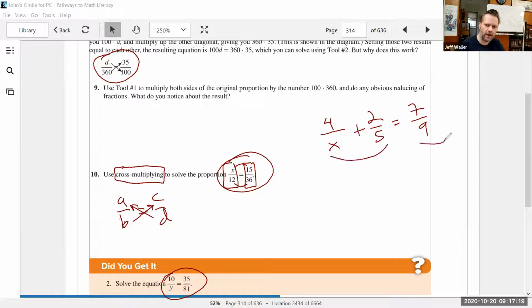It's two terms, I can't cross multiply. Do you guys see that? People try to use cross multiplication in too many places once they learn it. It only works directly in one place: fraction equals fraction.